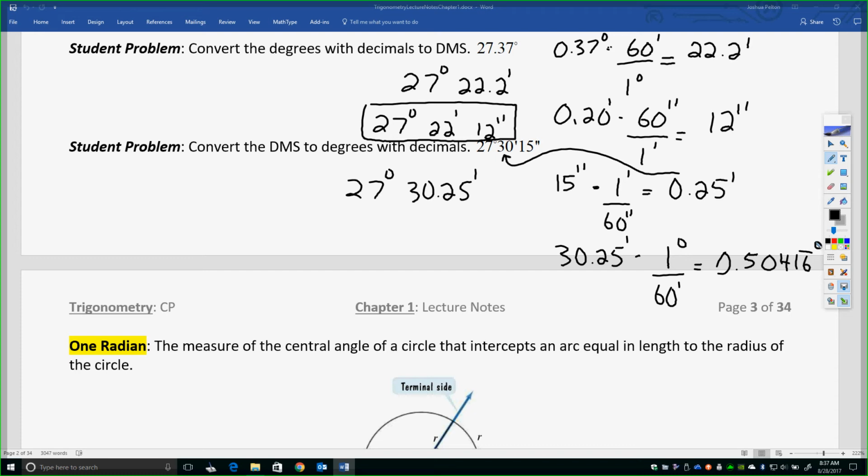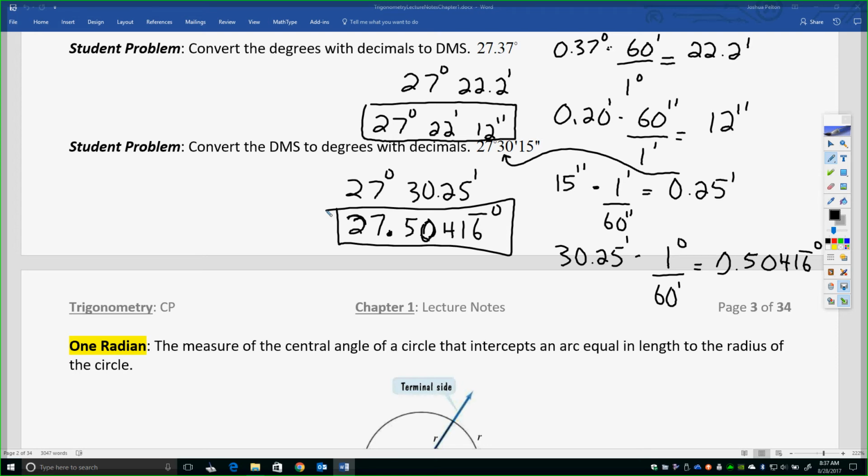So therefore my final answer is 27.50416 repeating degrees. You'll notice you'll get a lot of repeating 0.6s and 0.3s because we're dividing by a factor of 3 on those. You tend to get the repeating a lot. Not always, but when you do, it tends to be that.